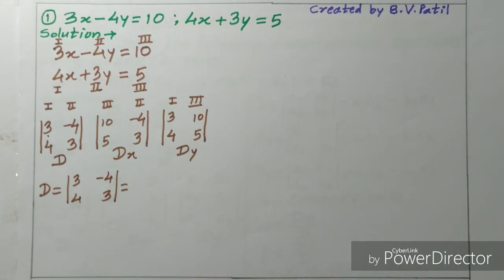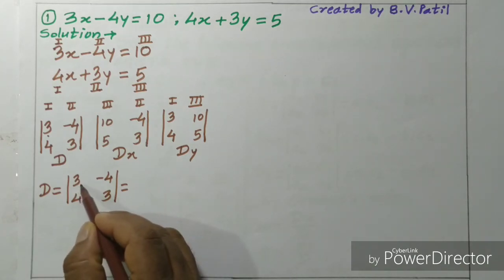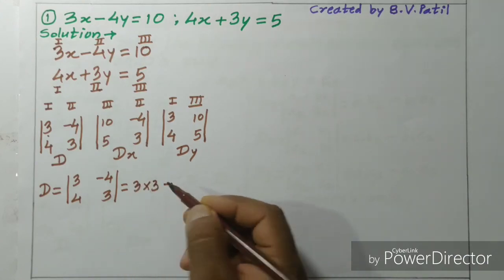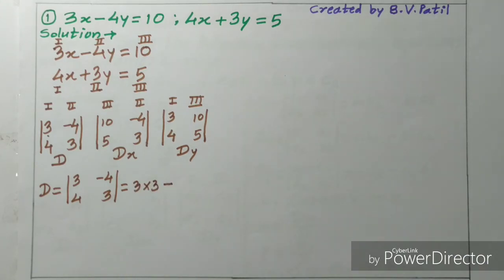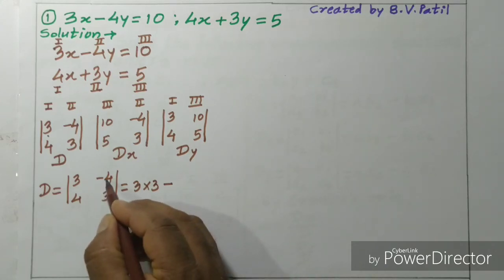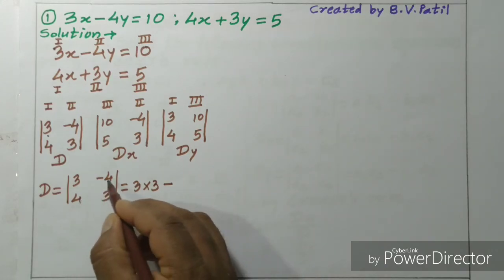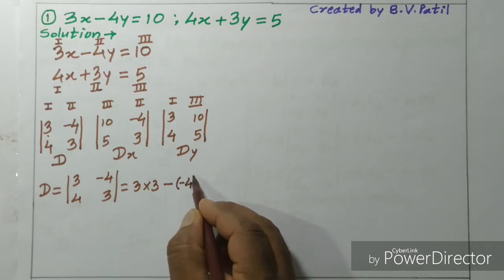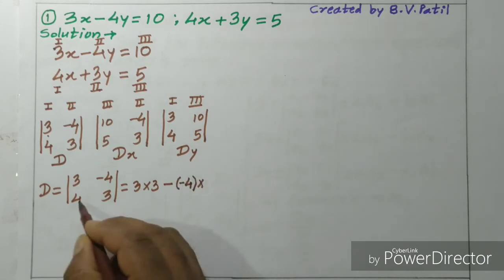Then which numbers do we multiply here? First, 3 into 3, minus, which numbers multiply here? This minus 4 into 4. This minus 4 is negative, therefore we write it in a bracket into this 4.